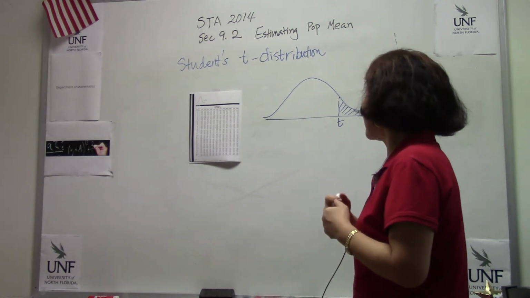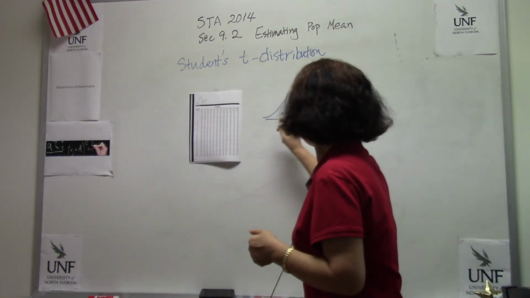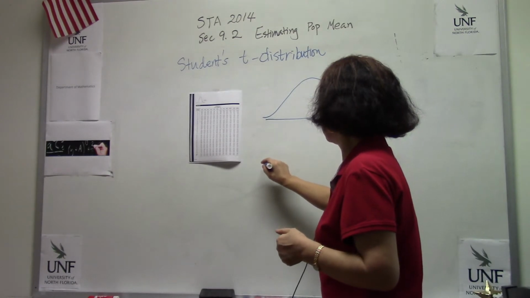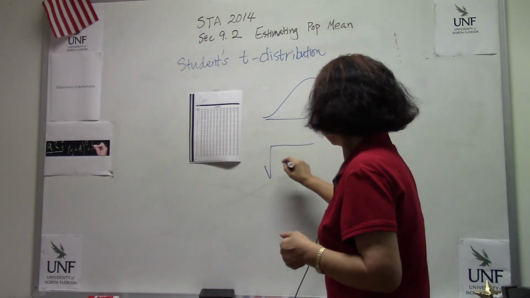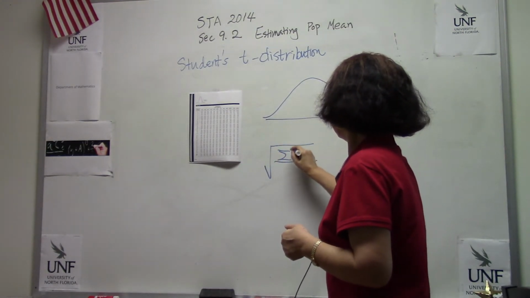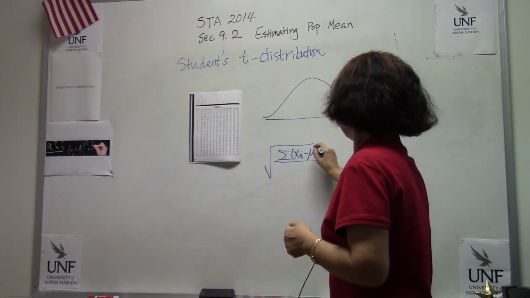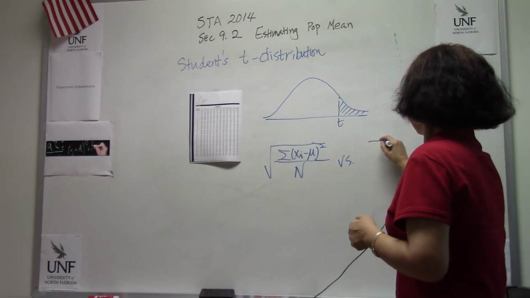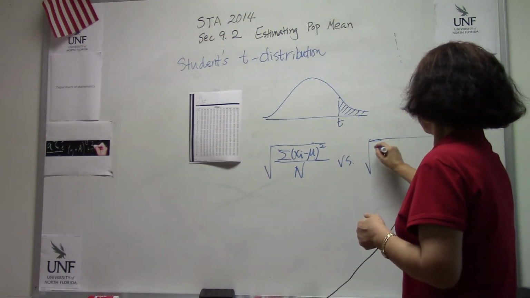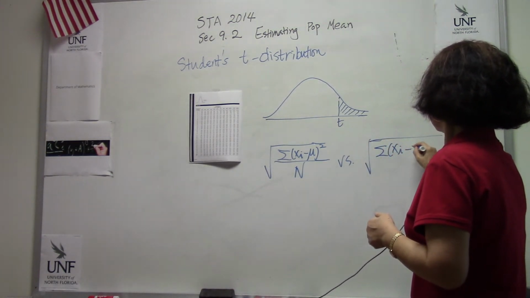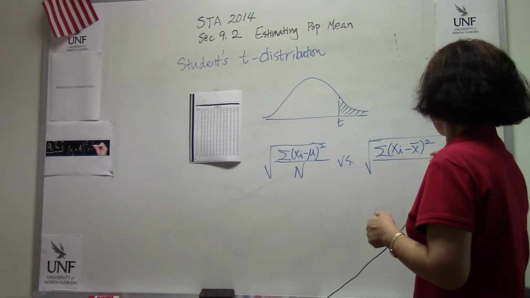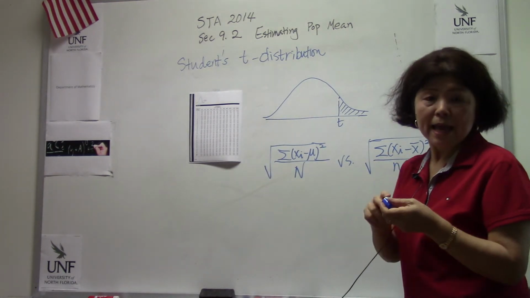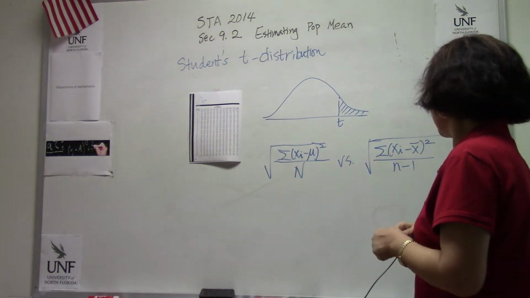On top of that, what we have to do over here is, earlier I said the difference between square root of sigma of xi minus mu squared over n versus square root of sigma of xi minus x bar squared over n minus 1. There is a discrepancy like this.